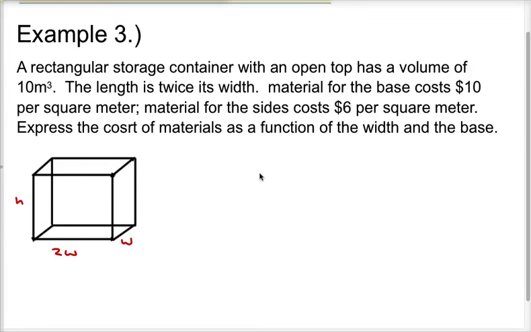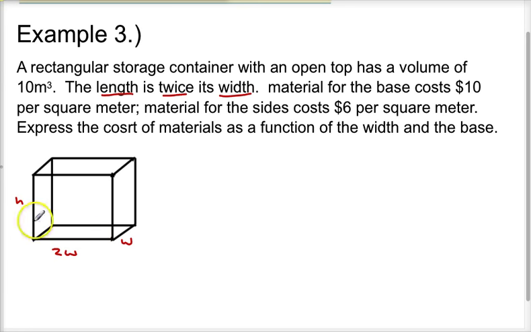Now, if you think about it, we have a couple things happening here. I've already kind of filled it in. I know that the length is twice the width. So instead of having W, L, and H, I already know that if W is my width, then the length is going to be 2W because it's twice the width.